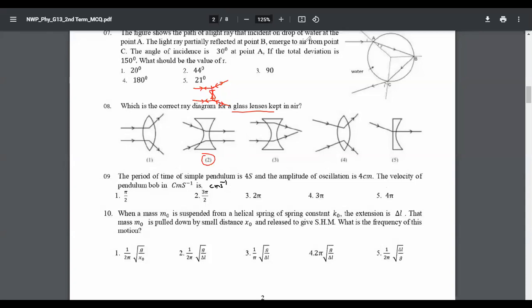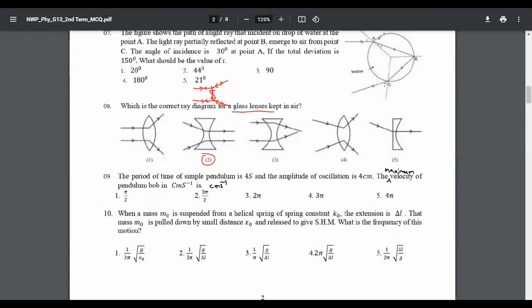One word is missing. Good. It should be maximum velocity. They should have asked about maximum velocity.